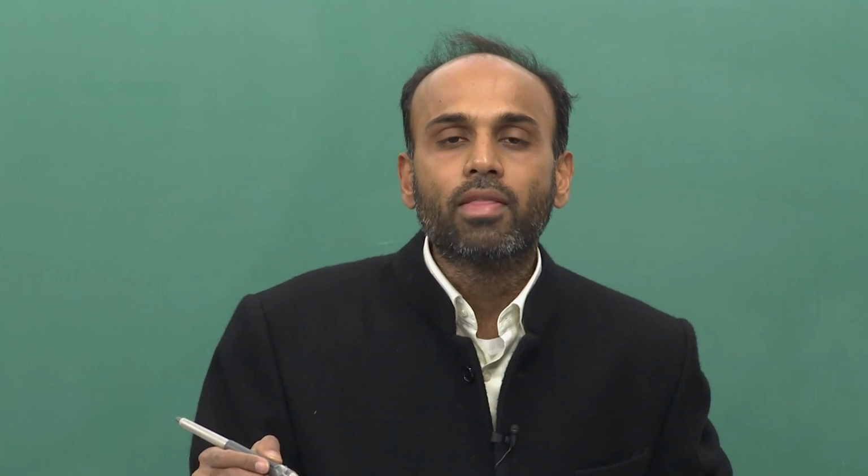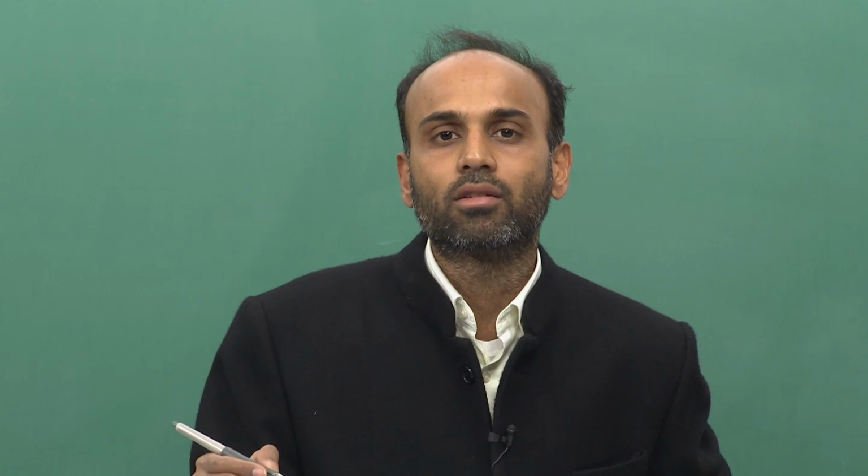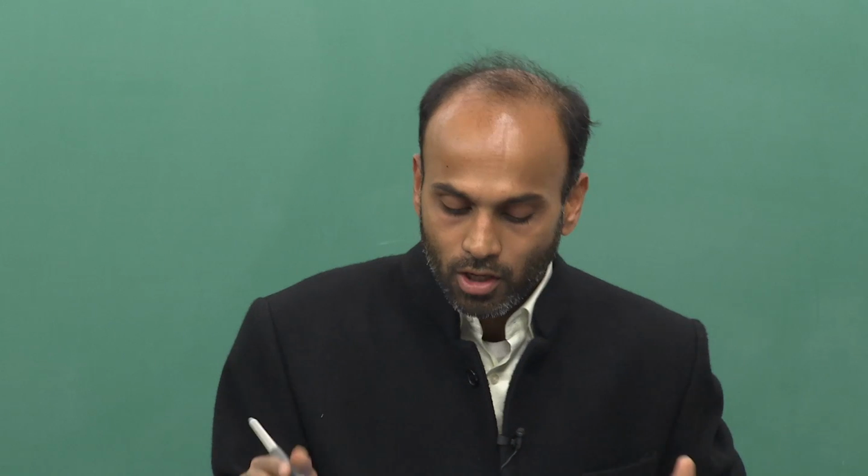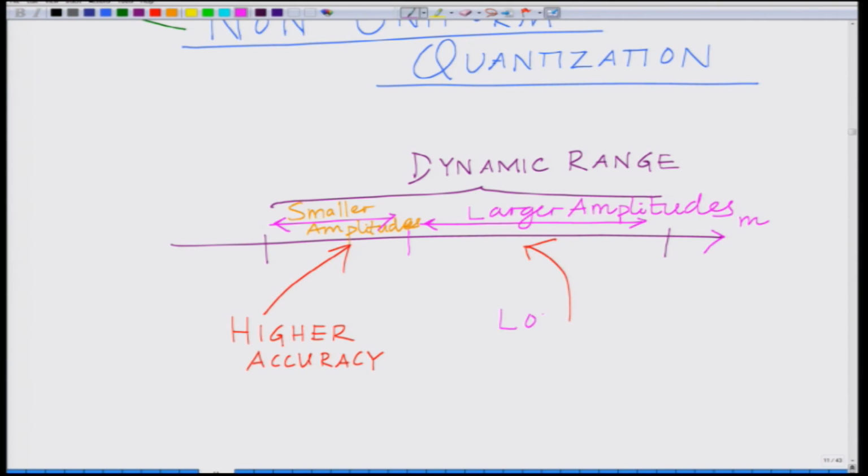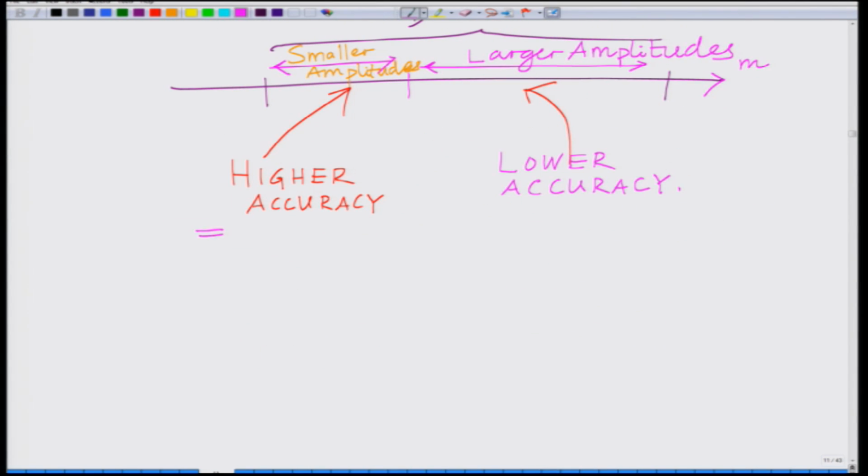So one can tolerate a higher level of error, which means the accuracy of quantization in this region of large amplitudes need not be very high. Here one requires a lower accuracy of reconstruction. Remember, higher accuracy means the quantization error has to be lower.